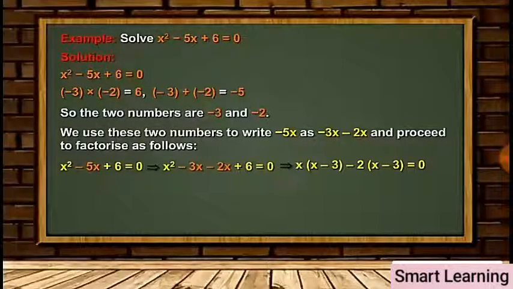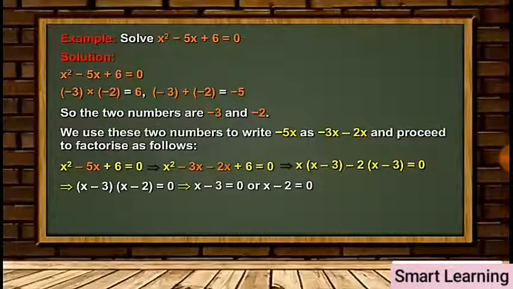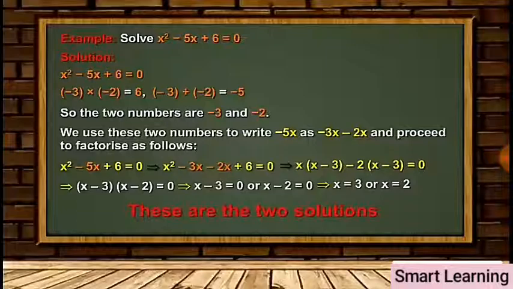This implies x into x minus 3 minus 2 into x minus 3 is equal to 0. This gives x minus 3 into x minus 2 is equal to 0, from which x minus 3 is equal to 0 or x minus 2 is equal to 0, so that x is equal to 3 or x is equal to 2. These are the two solutions.